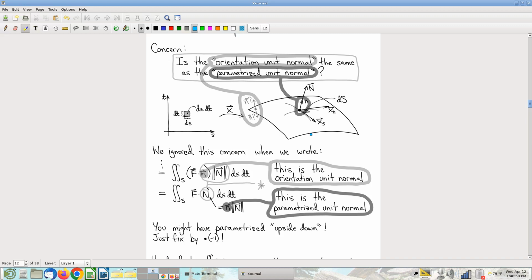And analogously here, you have to parameterize in such a way that your parameterized normal is consistent with the given surface orientation unit normal. You've got to make sure, in other words, that you don't accidentally parameterize it upside down, or backwards, however you want to say it.